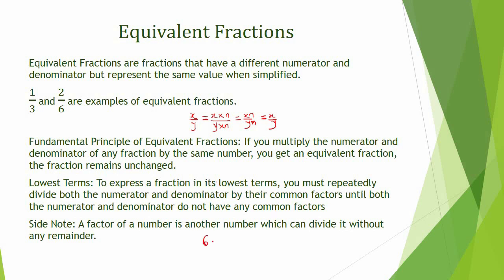For example, 6 divided by 2 equals 3 without a remainder. So we say 2, which can divide 6 without a remainder, is a factor of 6.